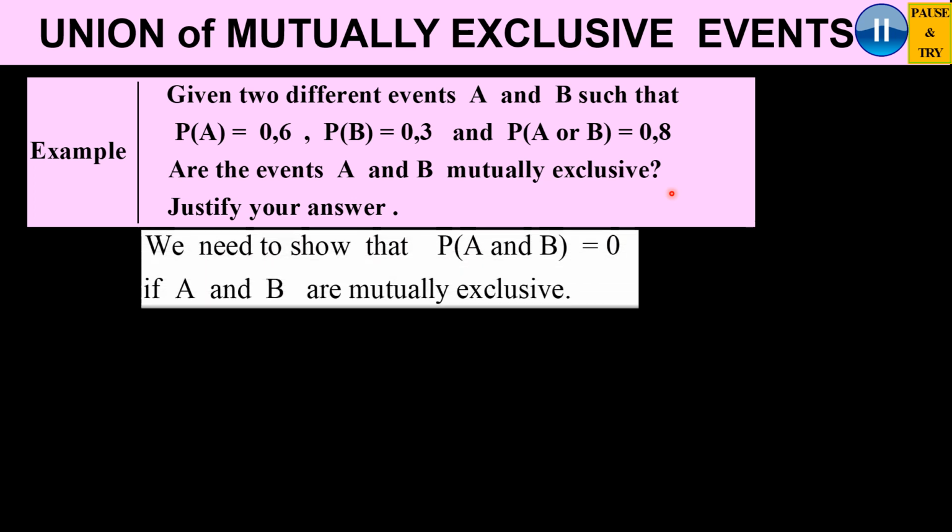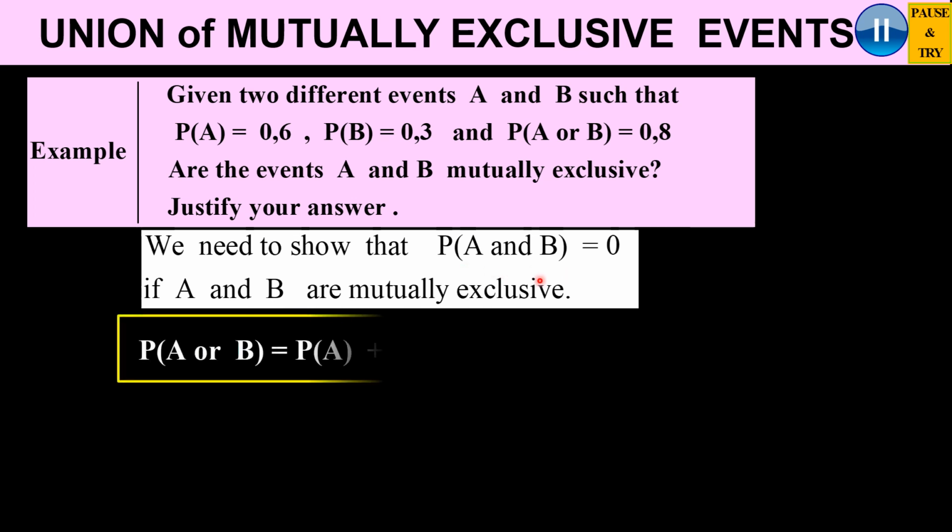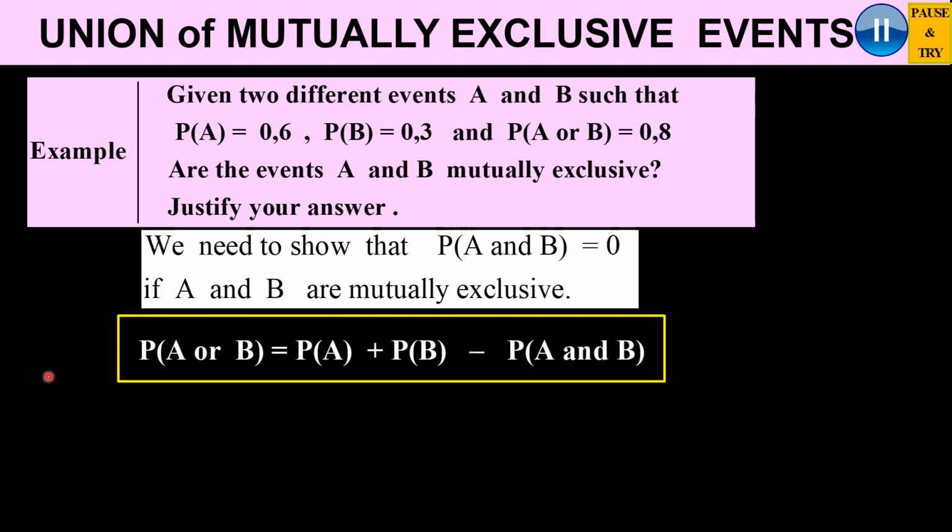Okay, if we want to show them mutually exclusive, we have to show that the probability of A and B would be 0. So let's use our addition rule. There's our addition rule there. Probability of A or B is the probability of A plus the probability of B minus the probability of A and B, or the probability of their intersection.